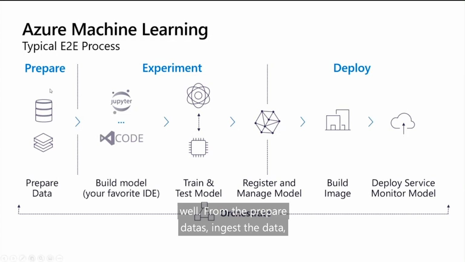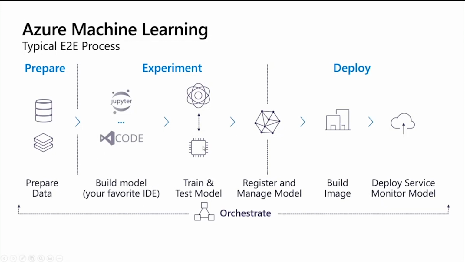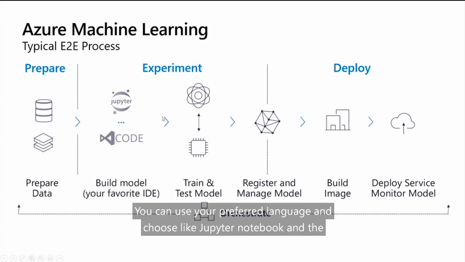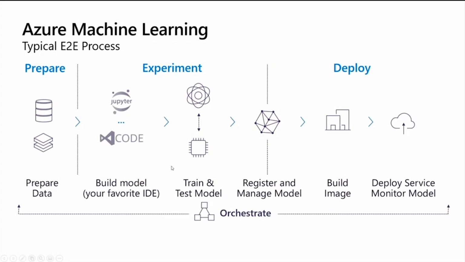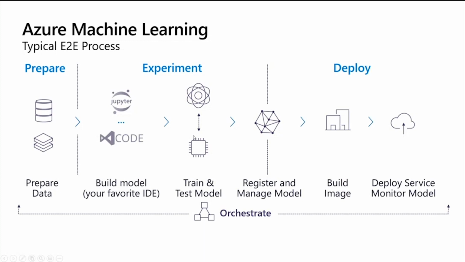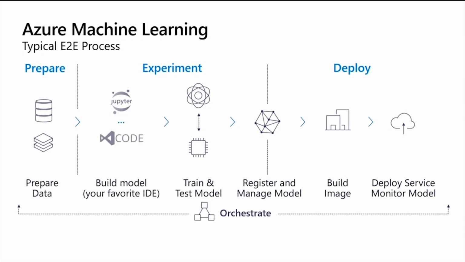From preparing the data, ingesting the data, as you can see from the previous demo, to training your model, you can also achieve this in the Azure Machine Learning Studio. You can use your preferred language and tools like Jupyter Notebook and code. Train the model and then register the model, and track the performance. After the training, you can register the model for centralized management.